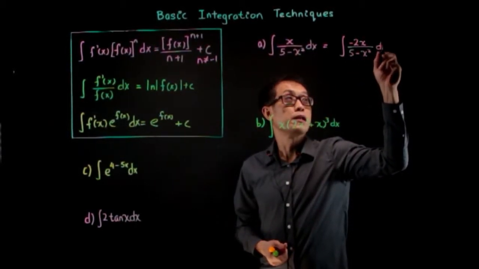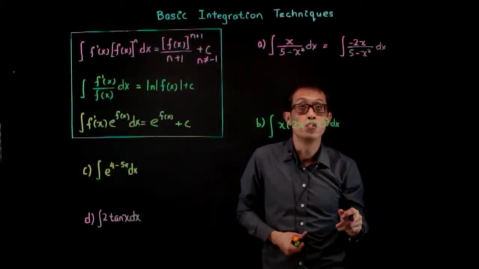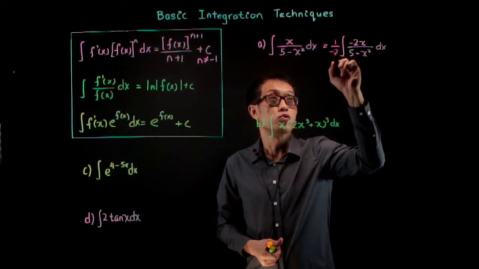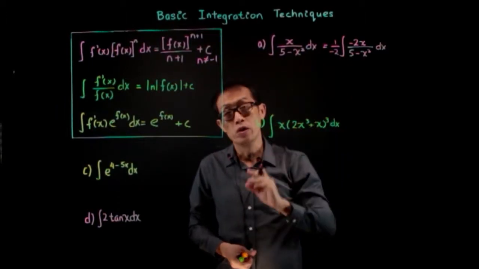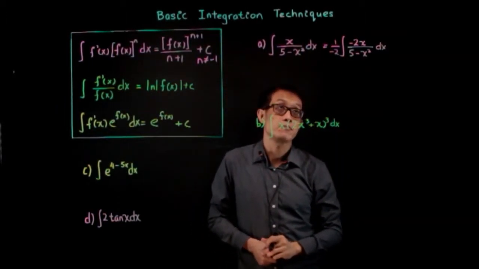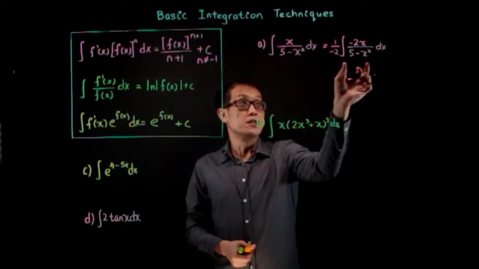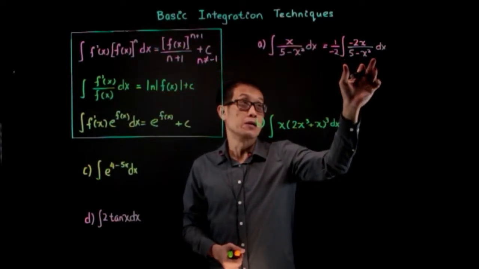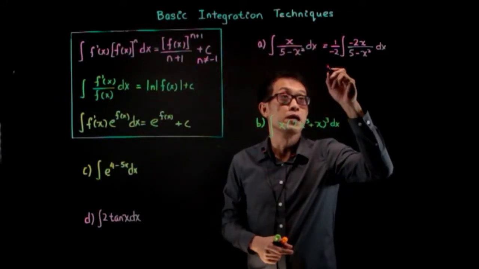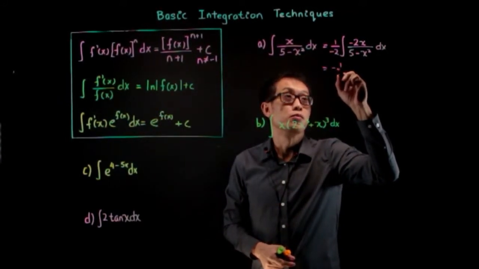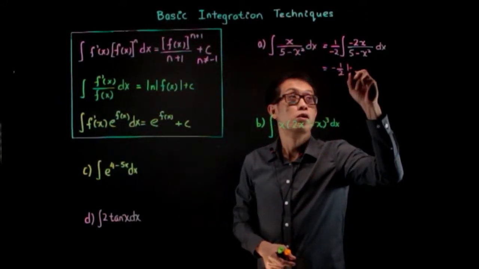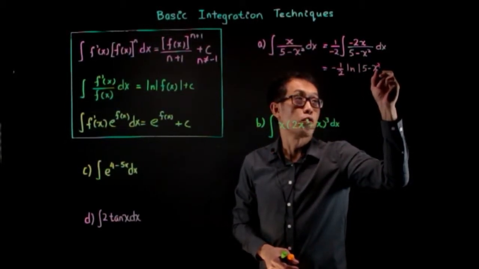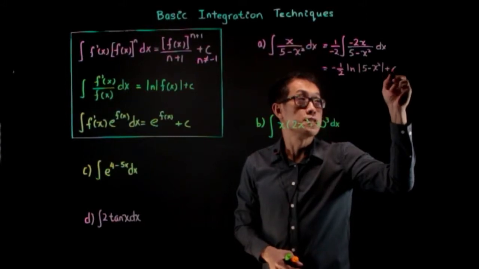Now, if we multiply the numerator by minus 2, then we need to divide by minus 2, otherwise these two will not be equal. Now the numerator is the differential of the denominator, so we can use this formula. So minus half into ln 5 minus x squared plus c.